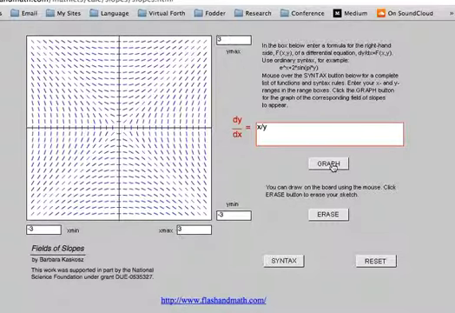Does that surprise us? And the answer is it shouldn't. It shouldn't surprise us that if -x over y gives us circles, then x over y gives us, well, let's go ahead and just plot an initial condition. Let's plot one here, and then follow the directional cues.